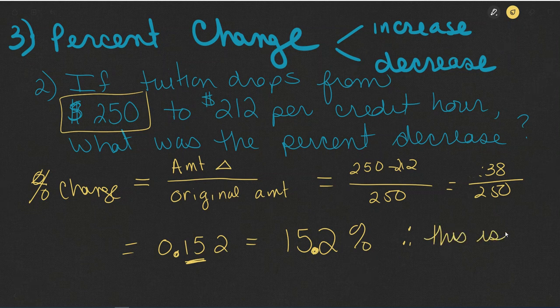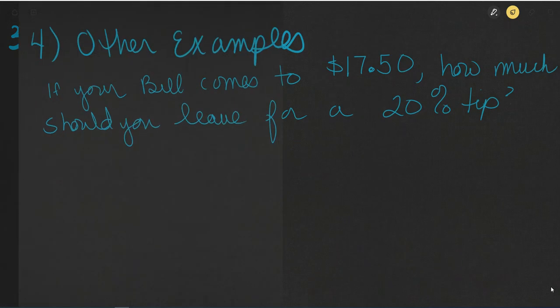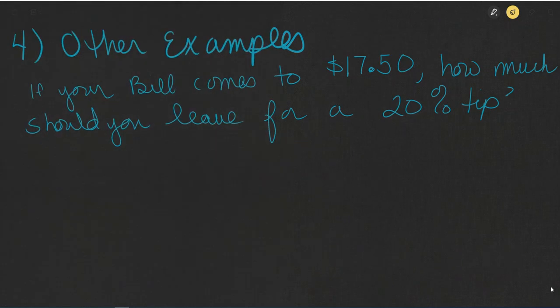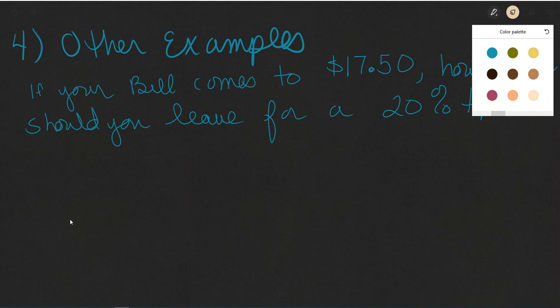Therefore, this is a 15 2/10% decrease. You always want to end the problem with a statement such as that, like a therefore statement. You could write the word therefore, or you could use this nifty math symbol, which means therefore.